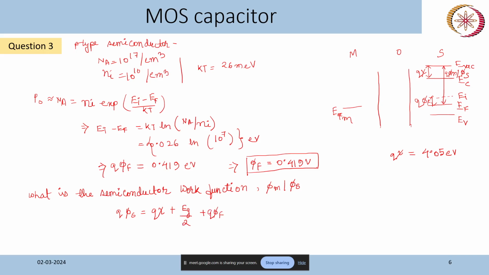This is plus q phi f because it is a p-type semiconductor. If it is n-type, then it would have been minus. So the value will be 4.05 plus, for silicon, Eg is 1.12 by 2, plus, let's consider it as 0.42 electron volt.